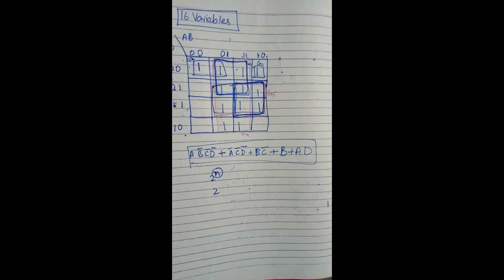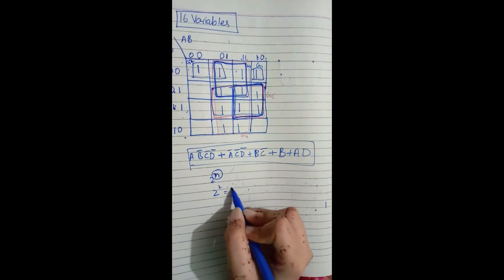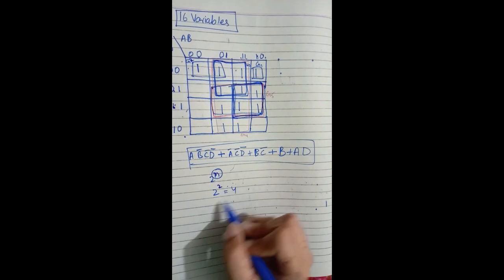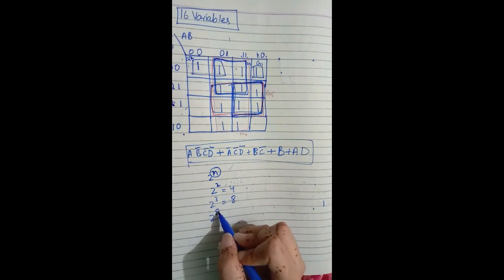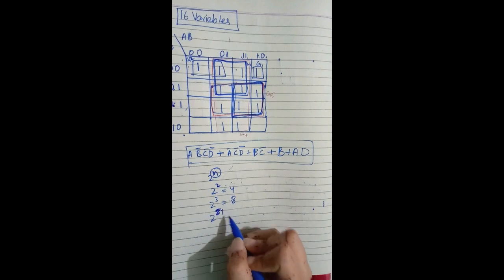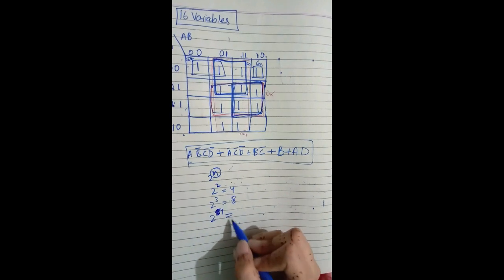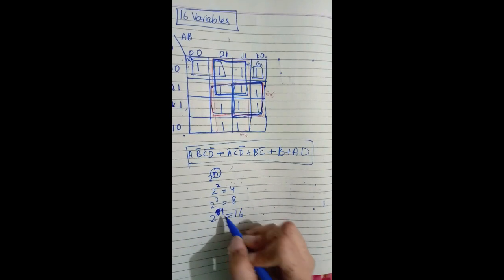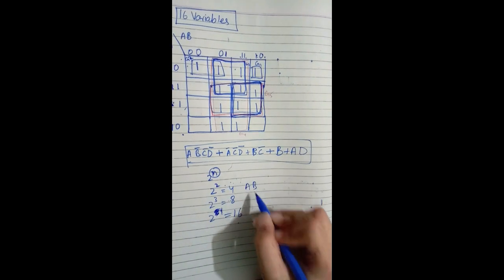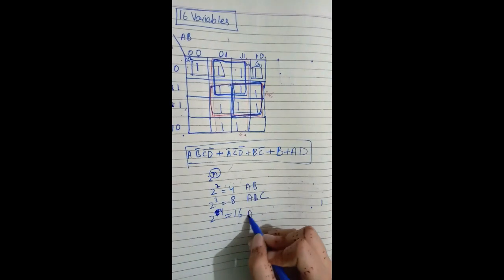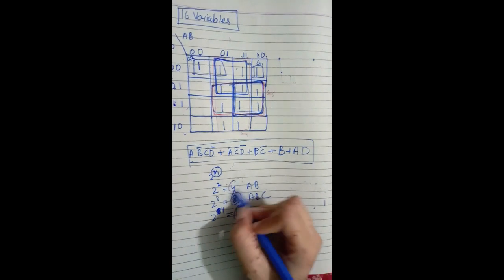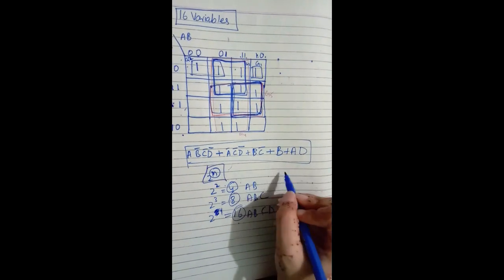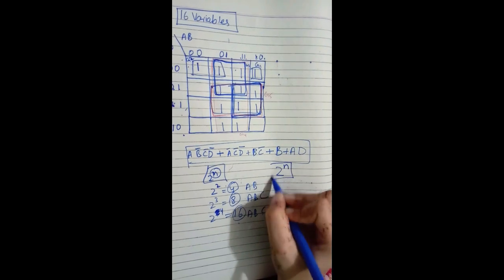As we did it, 2 raised to power 2, 4 boxes, 2 inputs; 3 inputs, 8 boxes; 2 raised to power 4, it will be 16 boxes, 4 inputs. These are A, B inputs, A, B, C inputs, A, B, C, D inputs. And these are the number of boxes. So simply this is the rule to make K-map, 2 raised to power n.